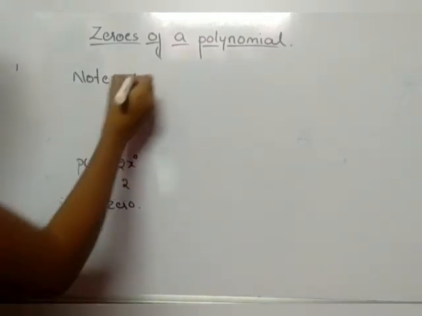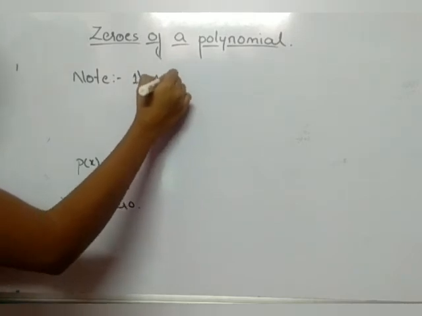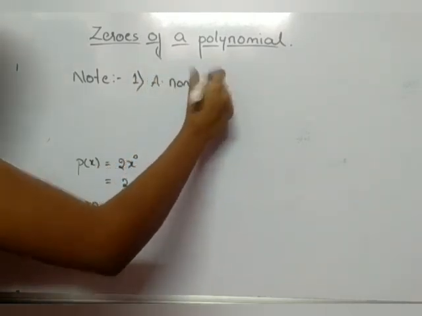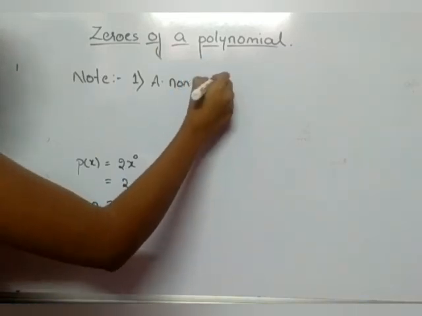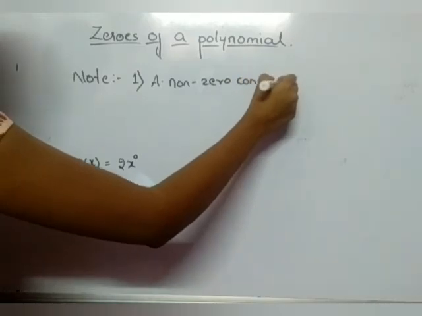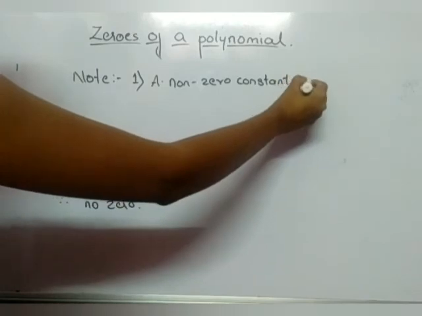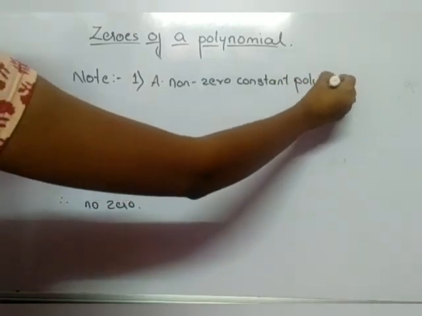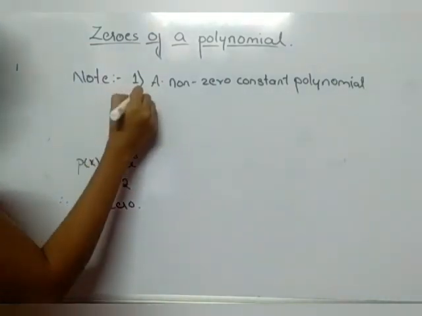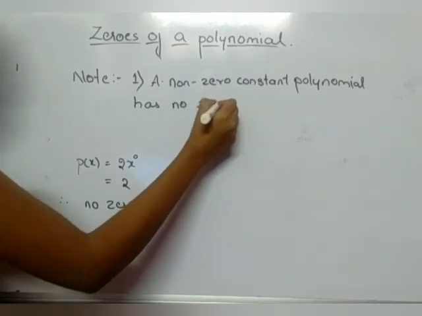So we'll write the first point. A non-zero constant polynomial has no zero.